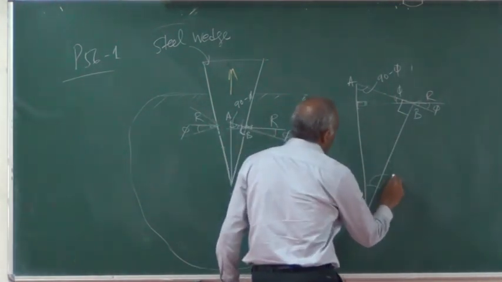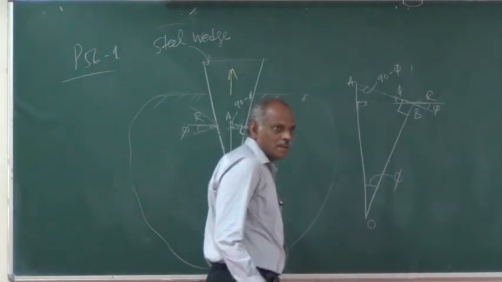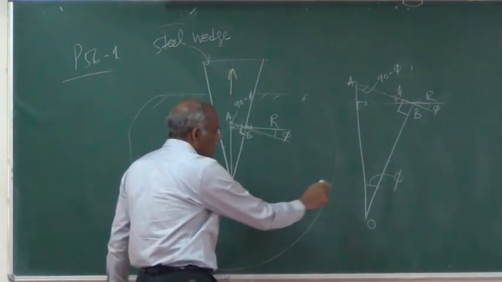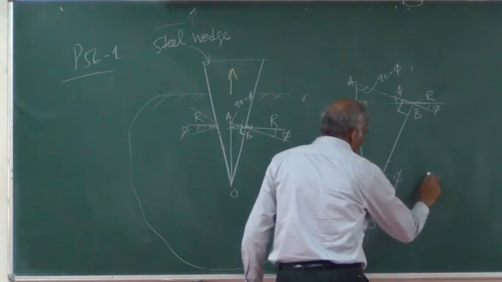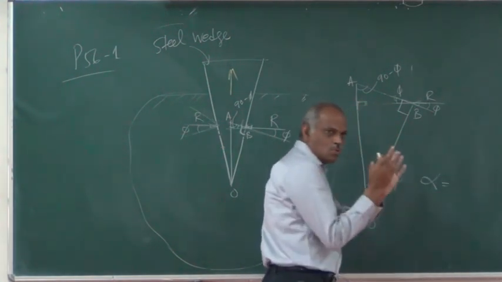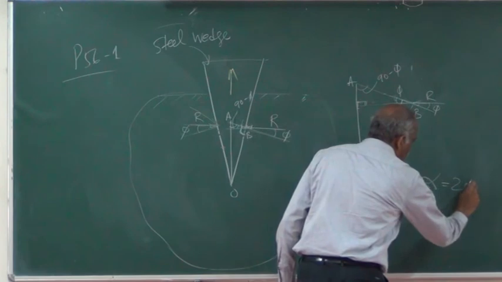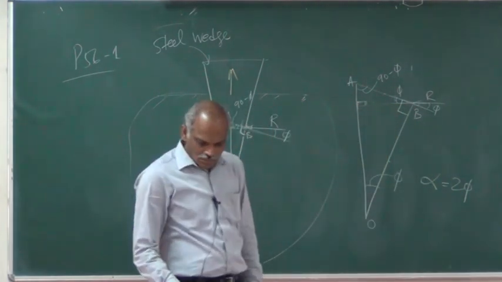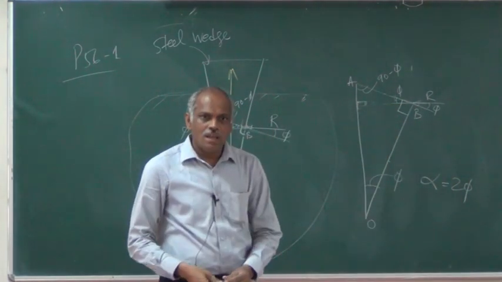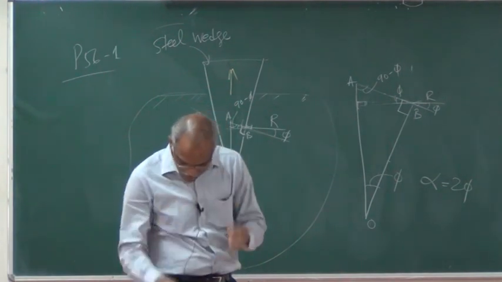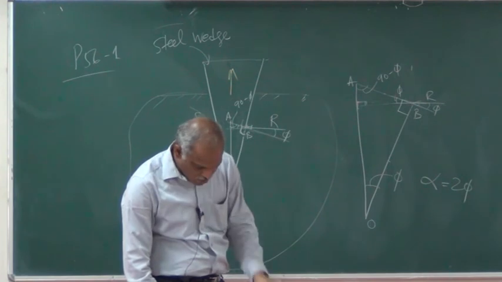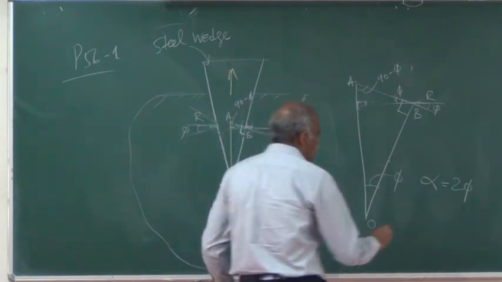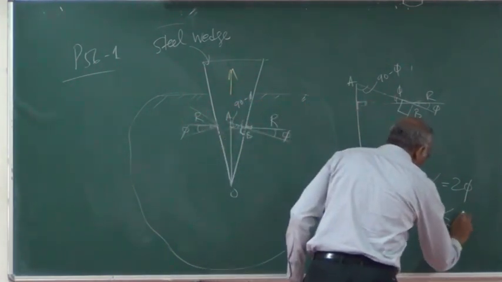So this angle is also going to be phi. So it is the half angle of the wedge that is phi. So the angle alpha between the two surfaces will be equal to 2 phi. So that is the answer to this. So it must be not alpha equal to phi, alpha should be less than or equal to 2 phi.